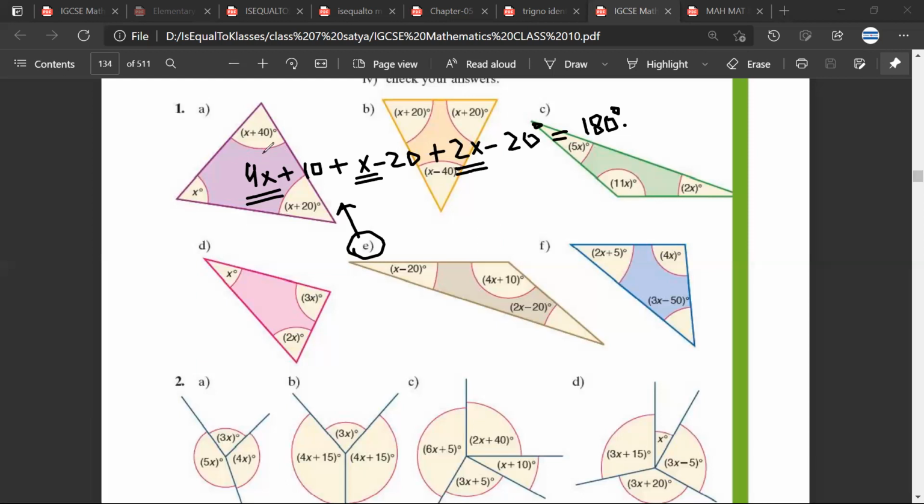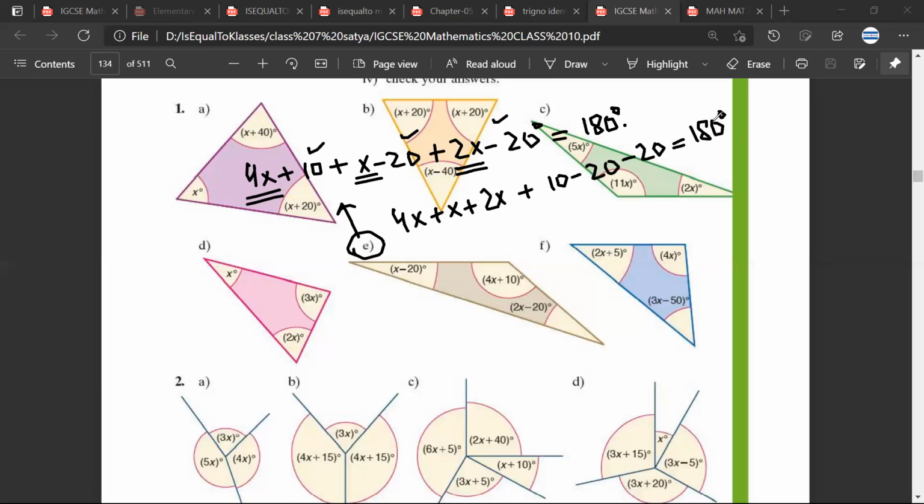So we'll collect 4x, x and 2x. So I'll write this as 4x plus x plus 2x. And then I'll collect the numbers. Any doubt?